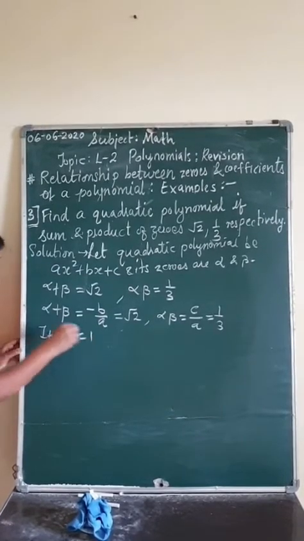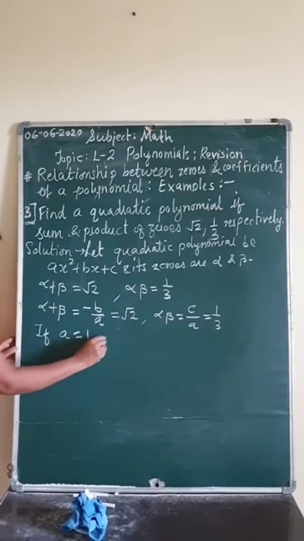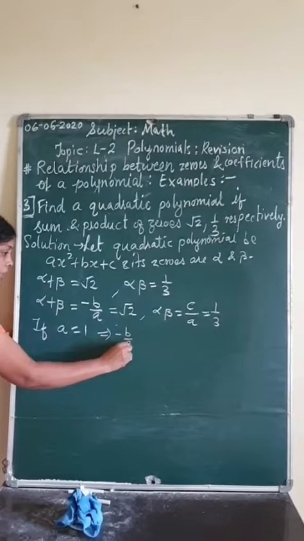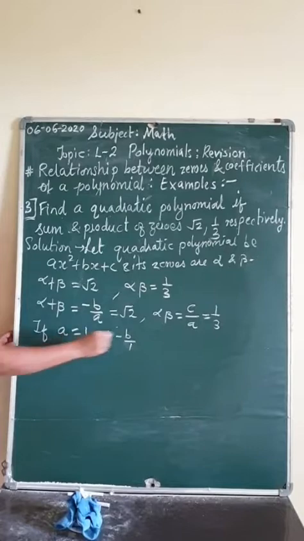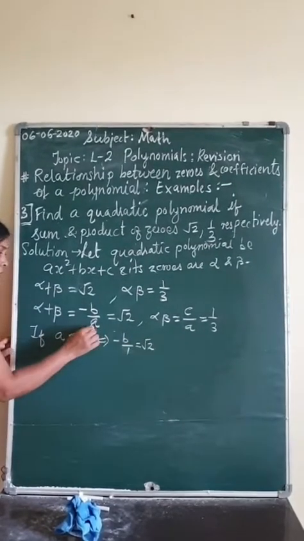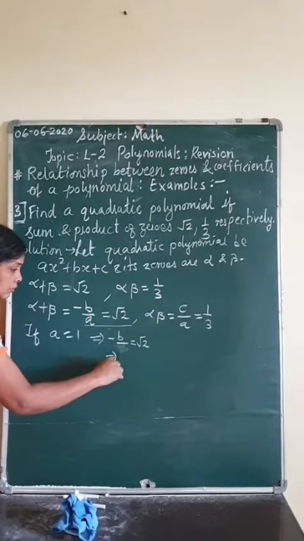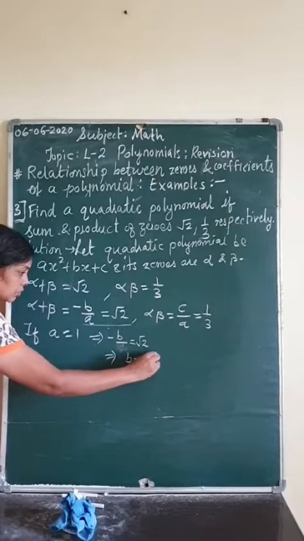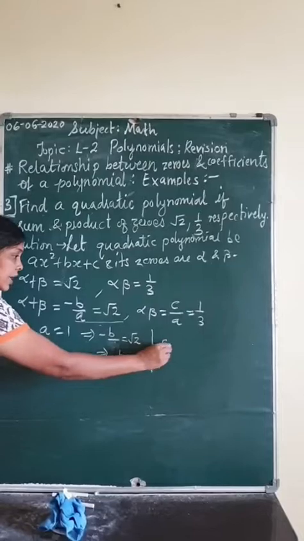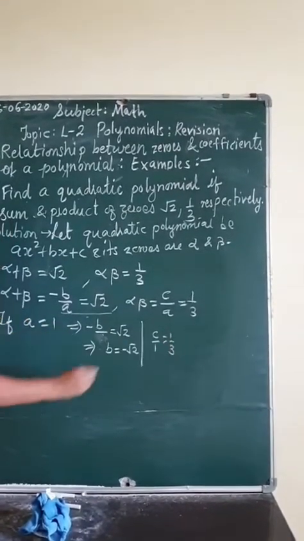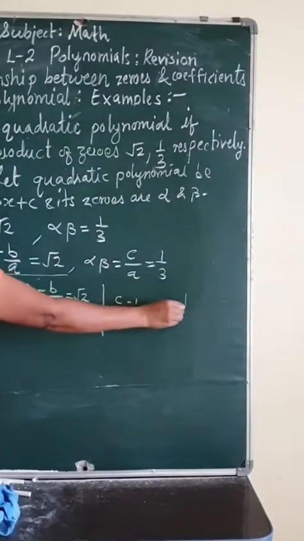So here if we take a as 1, then it gives us what? Minus b upon a is equal to root 2 we have. So if we take a as 1, then from this equation we get the value of b as minus root 2, right? Similarly, in this relation if we take c upon 1 is equal to 1 upon 3, that gives the value of c as 1 upon 3.